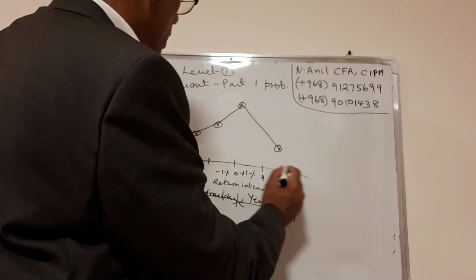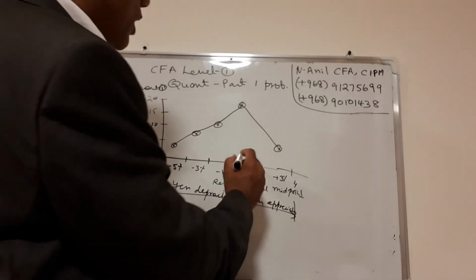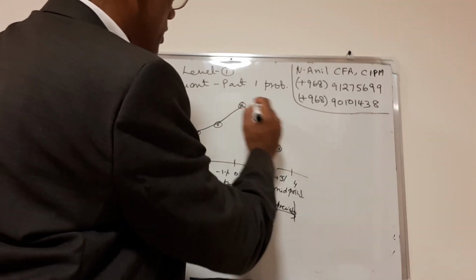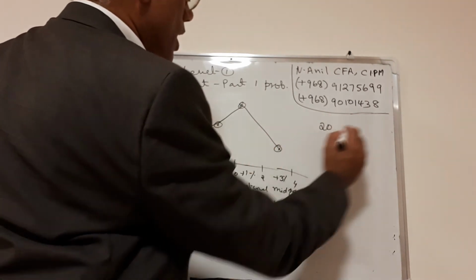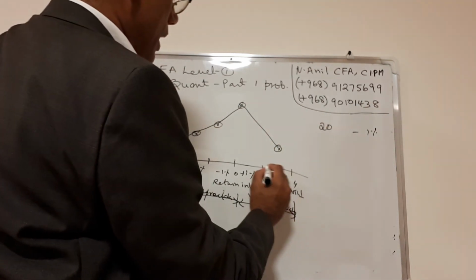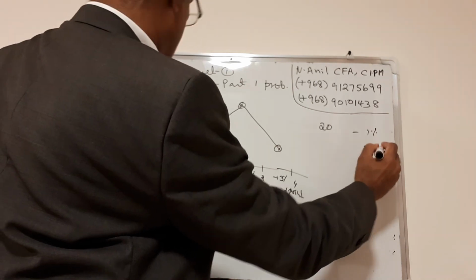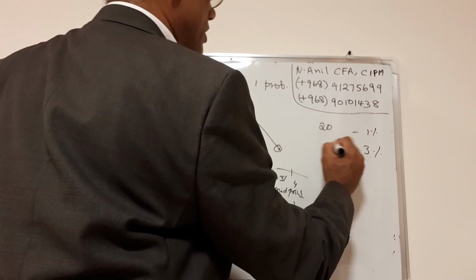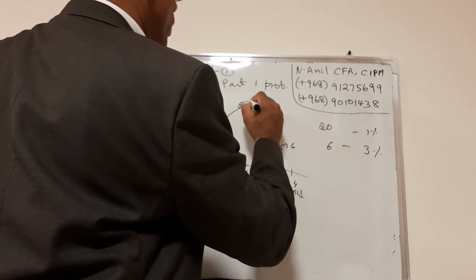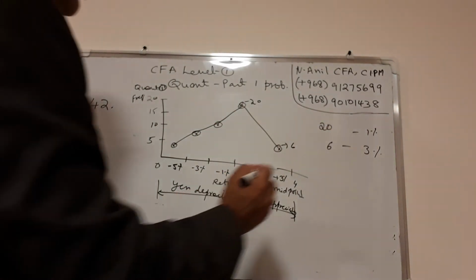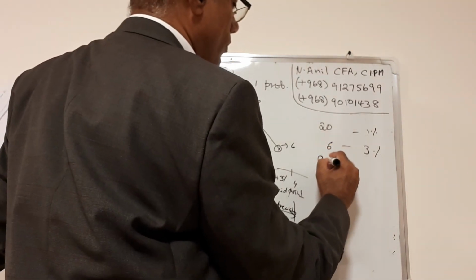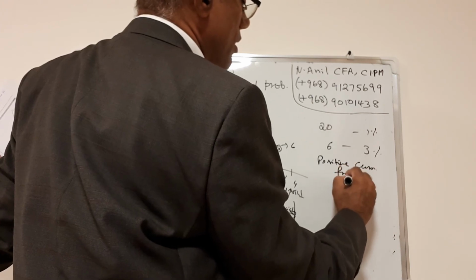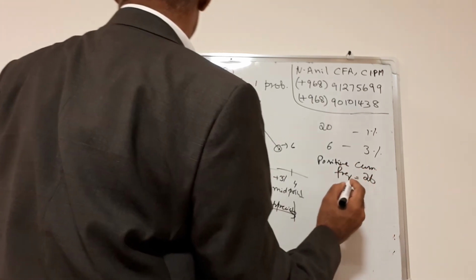So in the positive side, 0 to 2, corresponding to 1%, it occurred 20 times, and corresponding to 3%, it occurred 6 times. So the total positive cumulative frequency is 26.